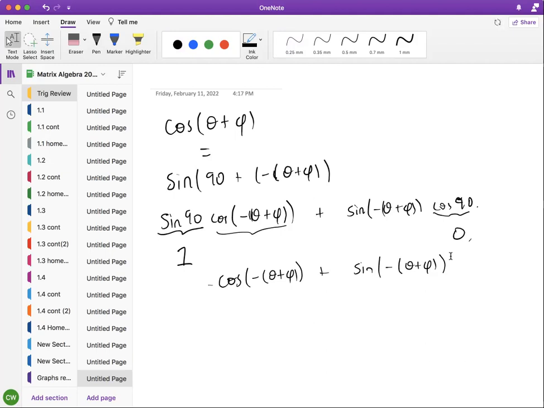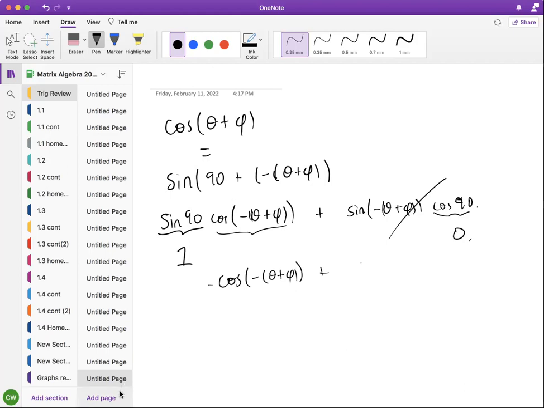Let's see. Oh, so no, this is 0. Oops. Is there a different way of doing this? Actually, I thought this was the way to prove it, but I guess it's not, because we didn't really get anywhere.